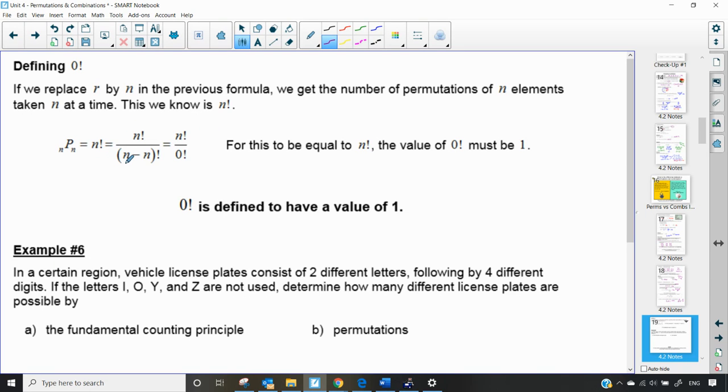Now using our formula from the last page, nPr is n factorial over n minus r factorial. So if I'm using nPn, then n factorial over n minus r factorial is just n factorial over n minus n factorial. So that's 0 factorial.